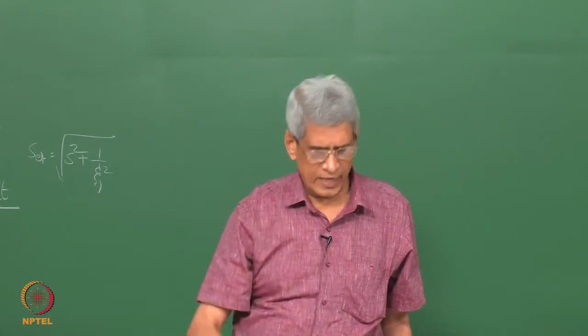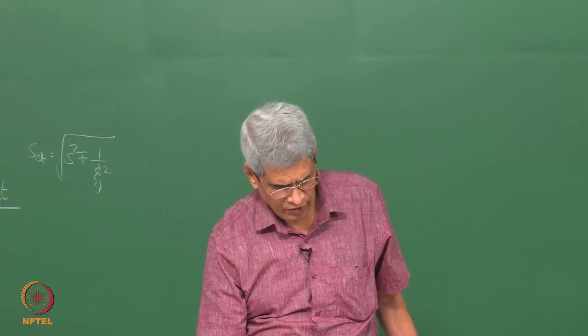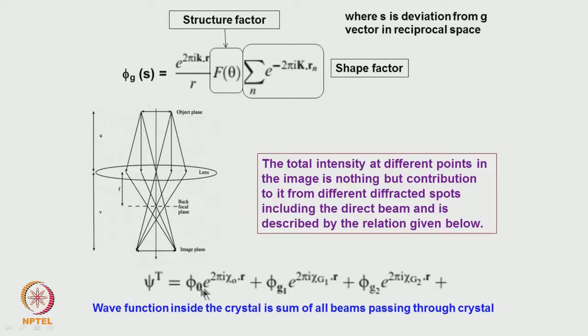So, that means that the total intensity of the scattered beam depends upon the transmitted beam with some phase, and then psi g is with respect to the amplitude of the diffracted beam and the direction in which it is coming. Then with respect to various beams, all of them together determine the total wave amplitude at every point in the image.